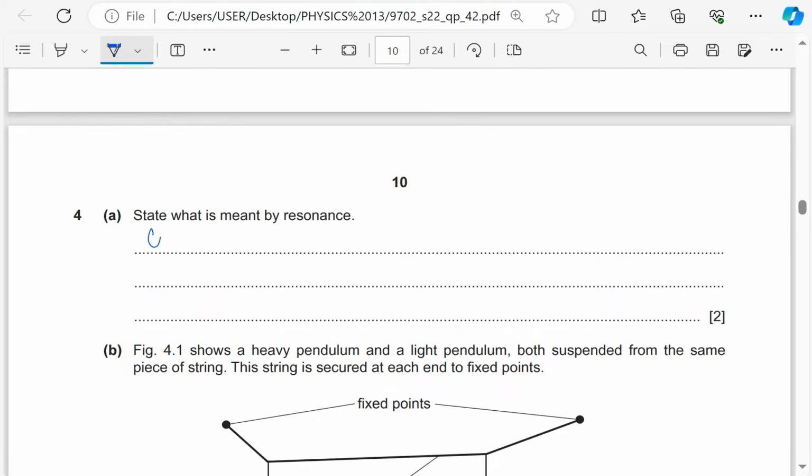So resonance can be defined as oscillation of an object at maximum displacement or maximum amplitude when the driving frequency equals the natural frequency of the object.